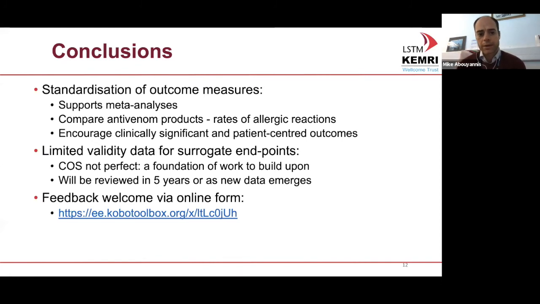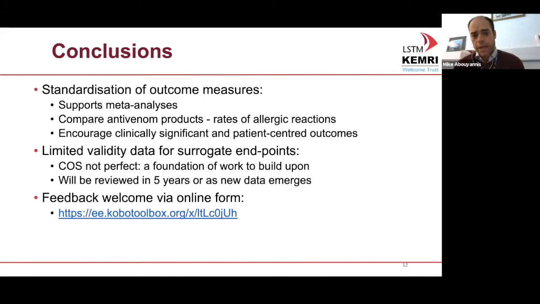It also allows comparisons between different antivenom products. So it might be if two efficacious antivenoms were identified, it might be helpful to compare the rates of anaphylactic reactions, and that may be a reason to choose one antivenom over another. And so it's important to use the same definition of anaphylaxis in order to make such comparisons.